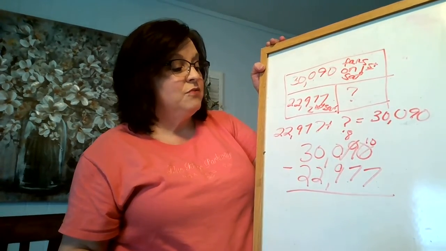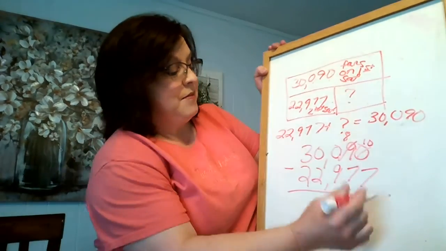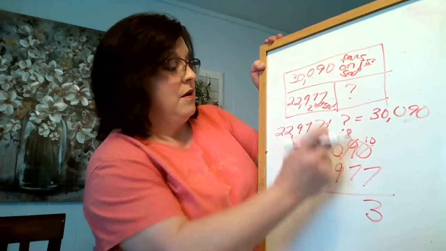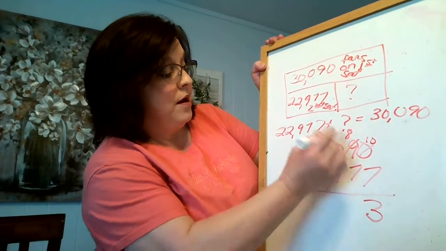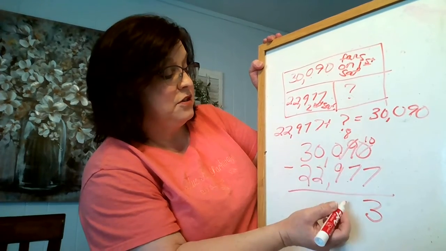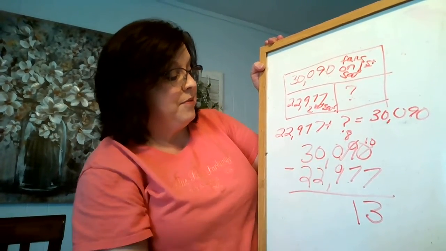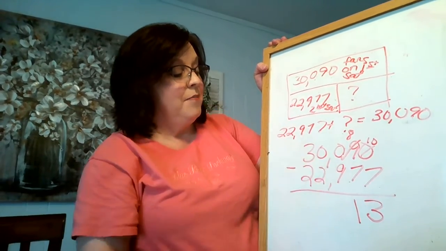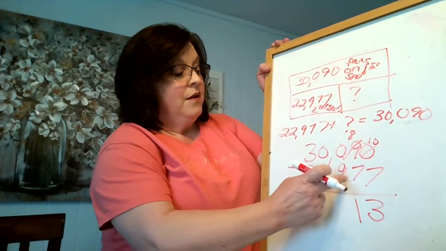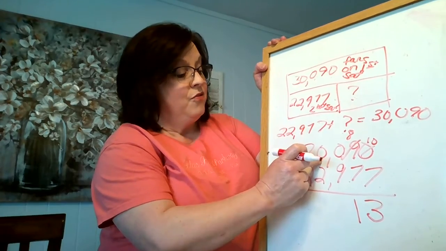So we're going to subtract what we have so far. 10 minus 7 is 3. 8 minus 7 is 1, because the numbers are smaller on the bottom, so we can subtract. Now we have the same problem here. 9 cannot be taken away from 0. 9 cannot be taken away from this other 0.